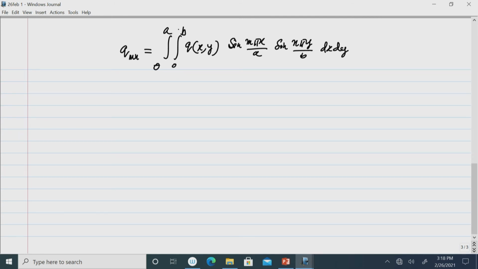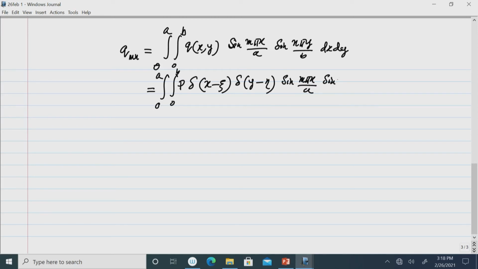Now, if a concentrated load acts at a coordinate xi and eta, then we will write P double integration 0 to a, 0 to b, then it is acting at coordinate x equal to xi and y equal to eta, then sin m pi x by a sin n pi y by b dx dy.